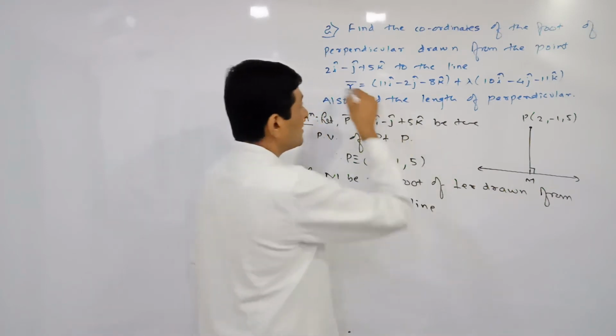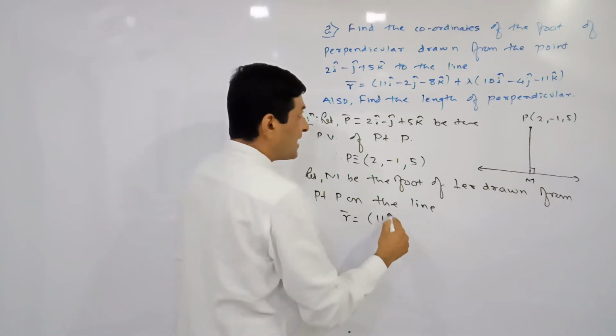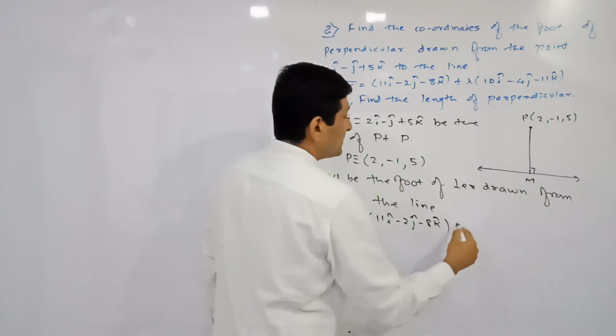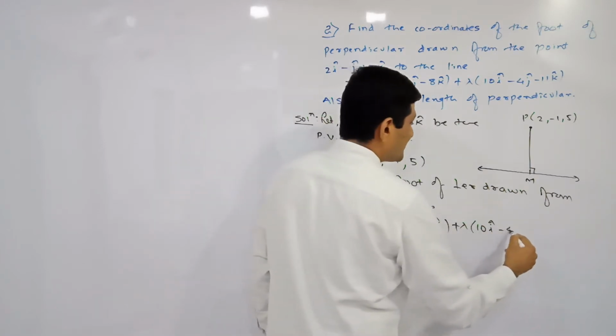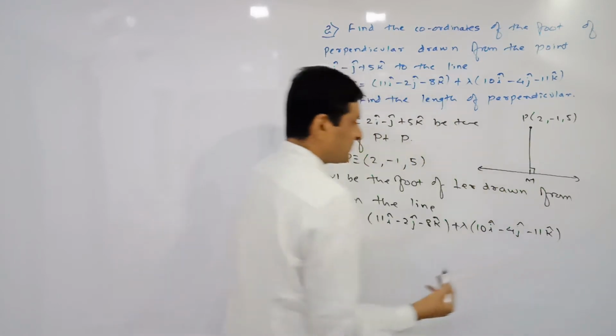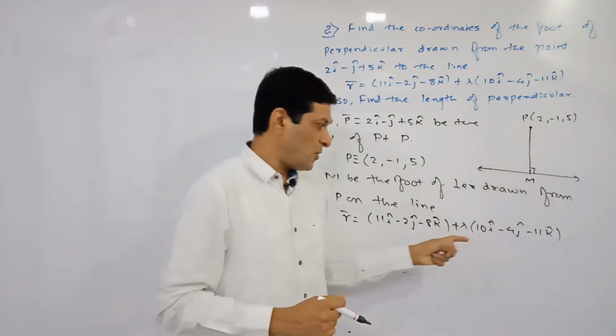What is the equation of the line? R bar is equal to 11i cap minus 2j cap minus 8k cap plus lambda into 10i cap minus 4j cap minus 11k cap, isn't it? So this M is nothing but the foot of perpendicular drawn from this point on this line.